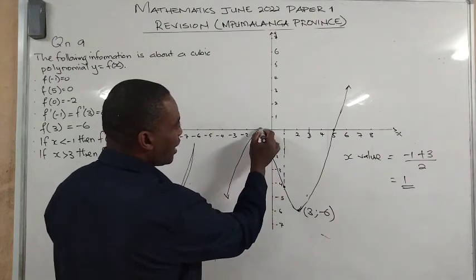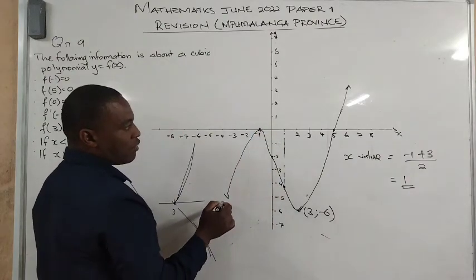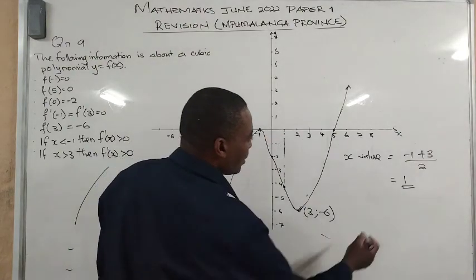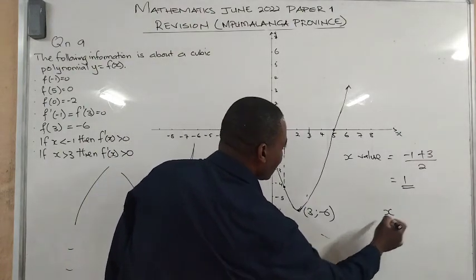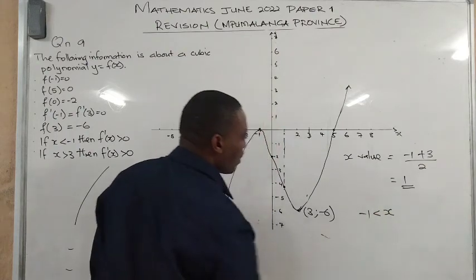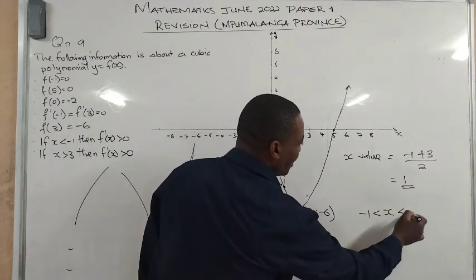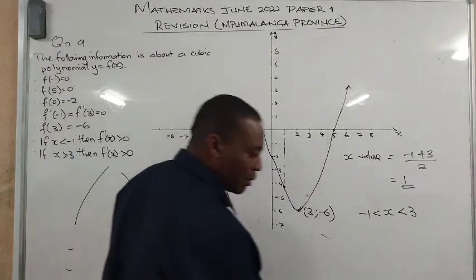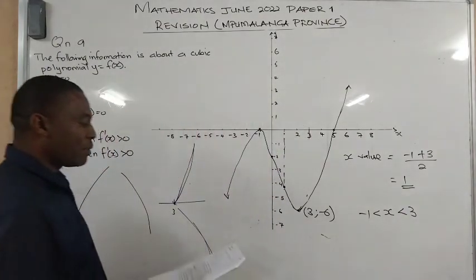So the values of x for which the graph is decreasing is from -1 to 3. So we are saying x is greater than negative 1 but less than 3. And that is how you're supposed to answer question number 9.